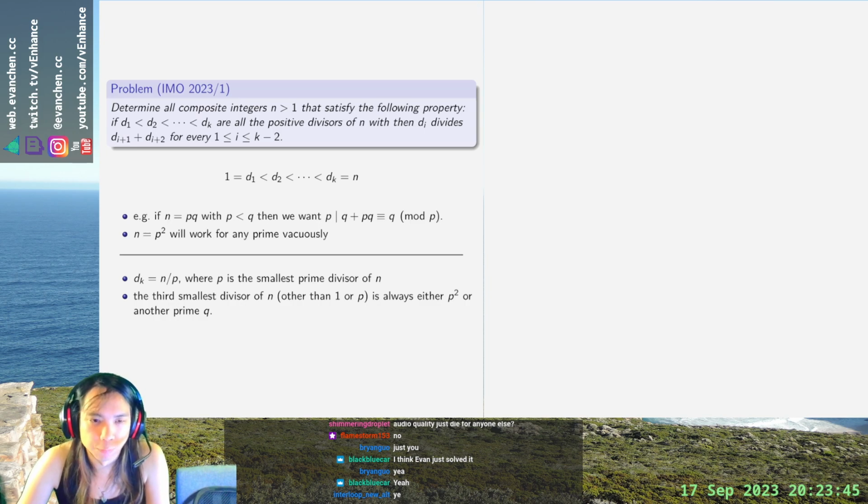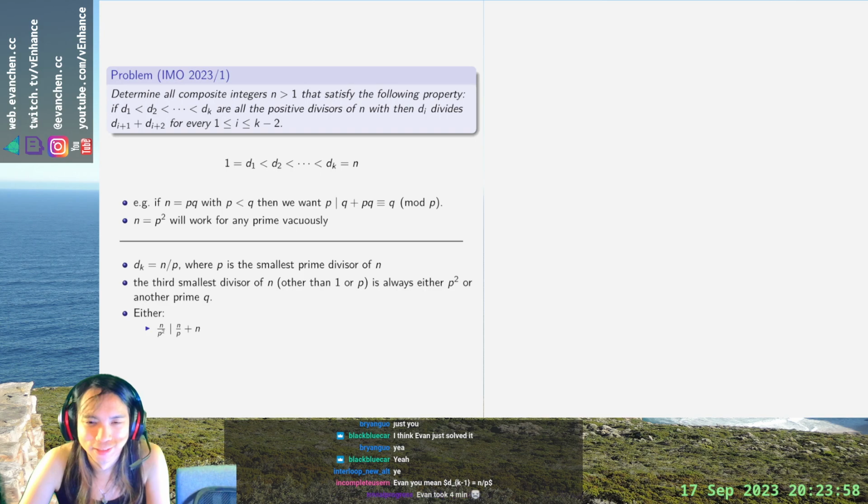In the case where it's p squared, you have the relation n over p squared divides n over p plus n, which looks questionable. Actually, both of these look really questionable.